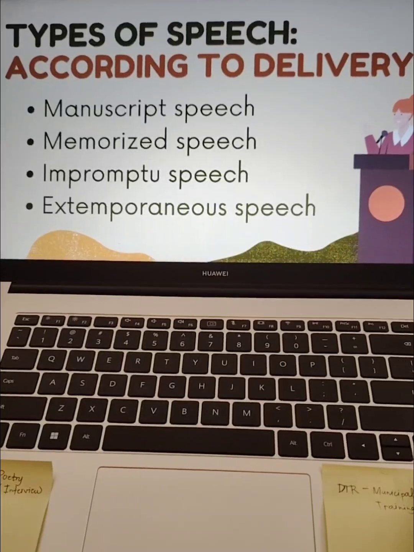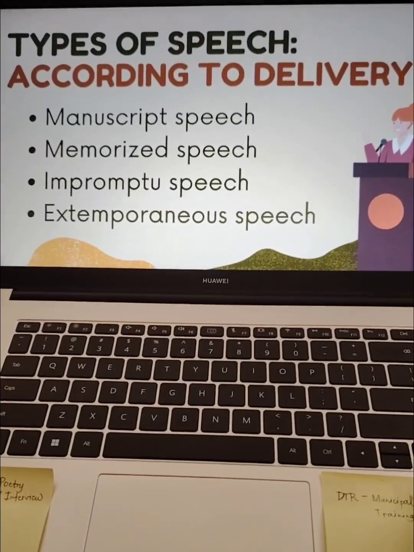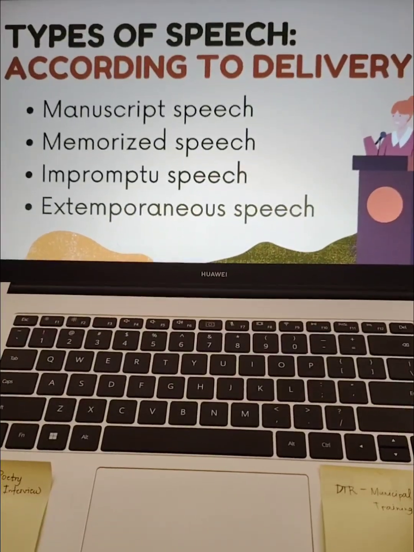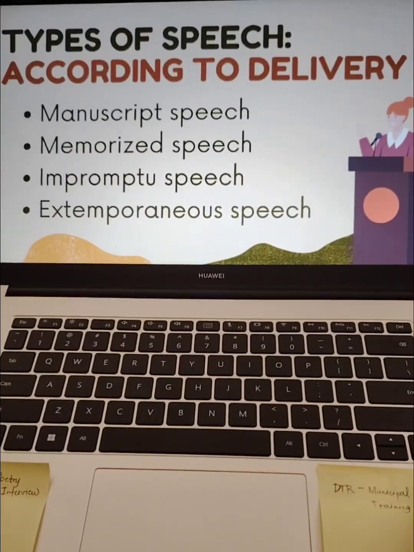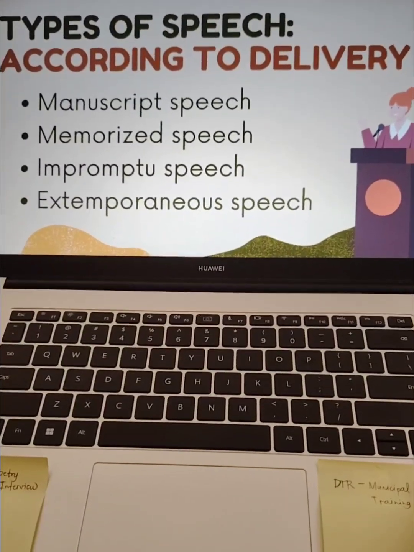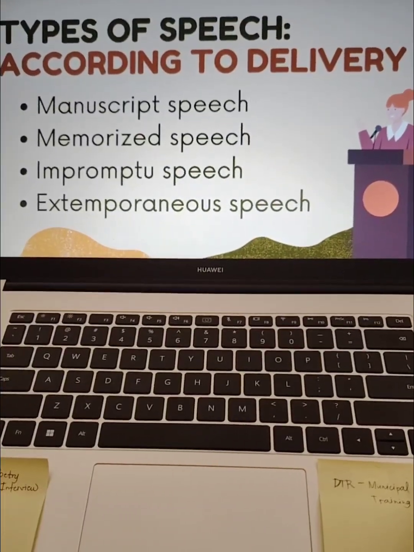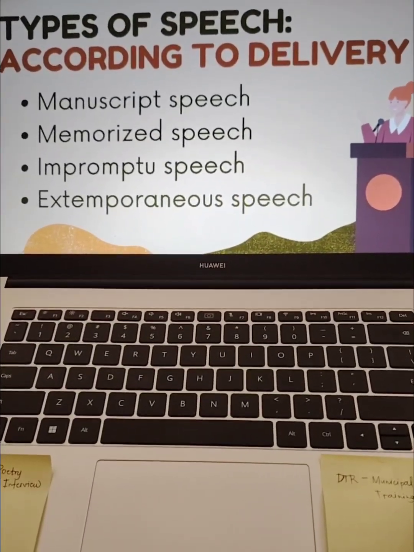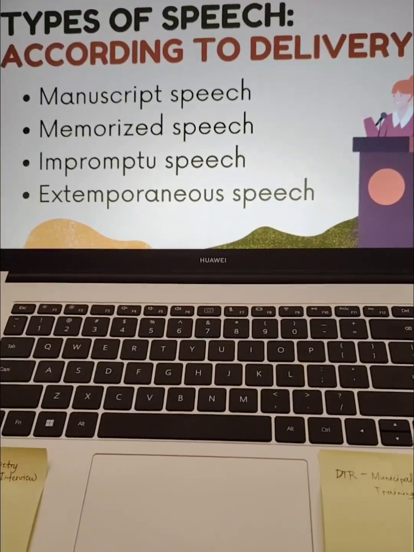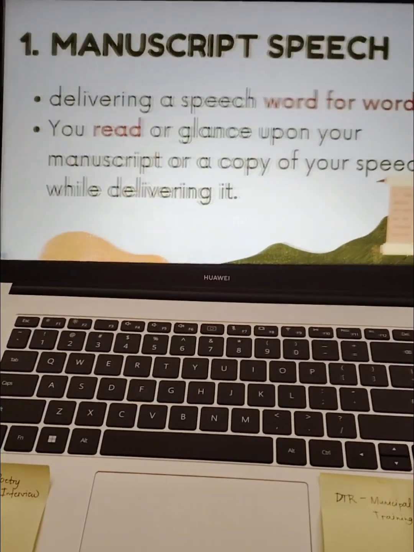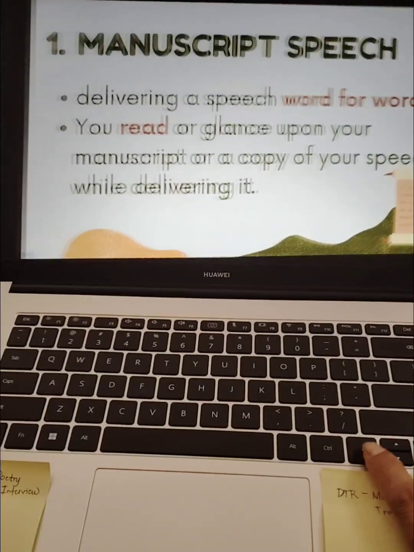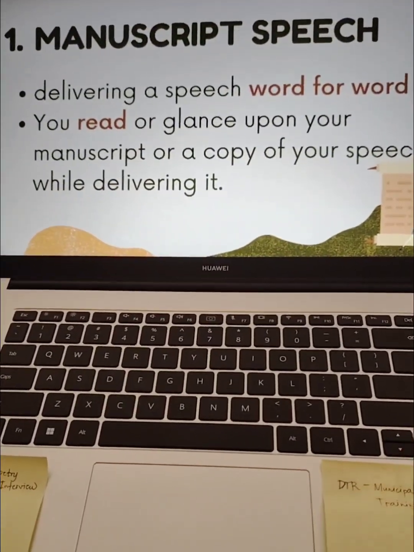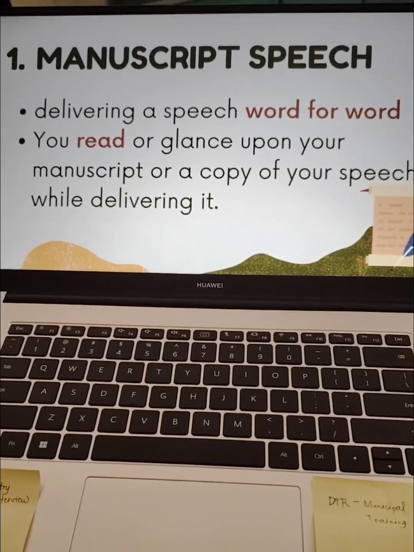If we have persuasive, informative, and entertainment as the types of speech according to purpose, then as to the types of speech according to delivery, we have manuscript, memorized, impromptu, and extemporaneous.